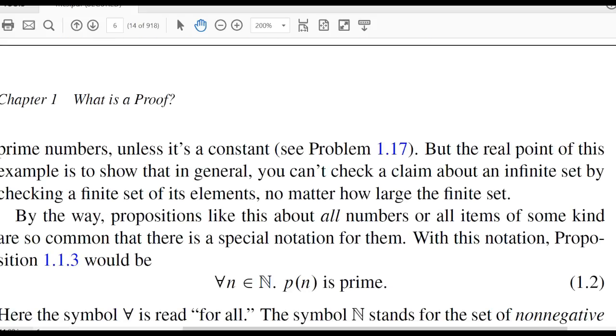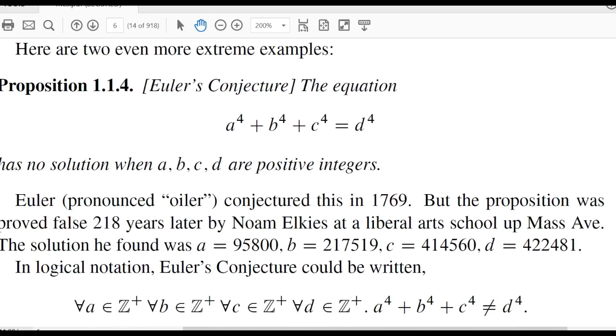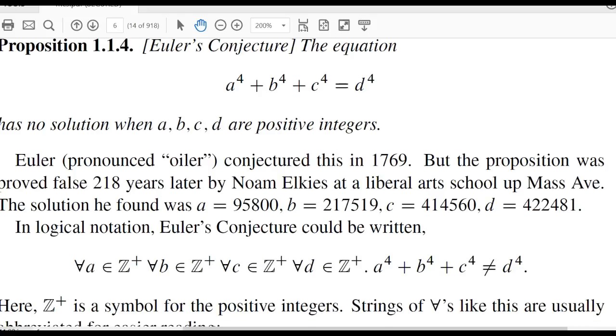The next one is Euler's conjecture. Again, this is not really hard or not really easy to prove or to disprove. But the counterexample comes with a equals 95,000, b equals 217,000, c equals 414,000, and d is 420,000.